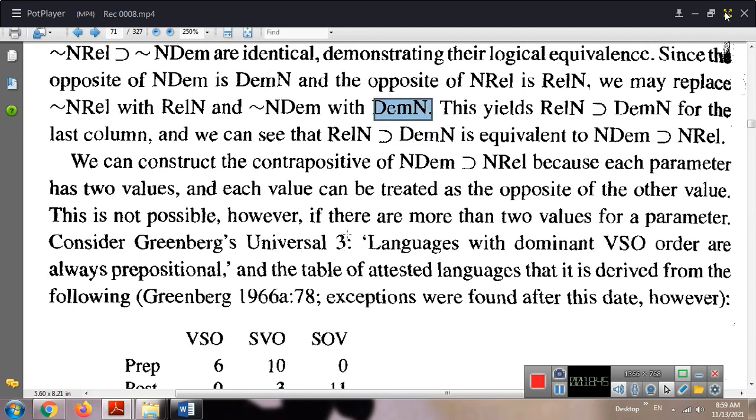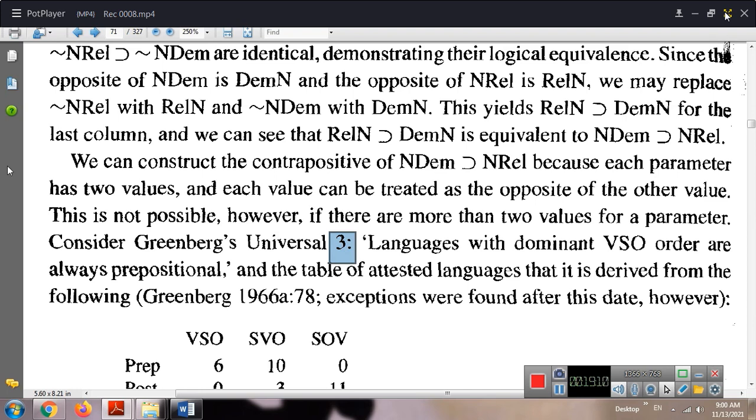Consider Greenberg's universal number 3. As I told you, Greenberg studied 30 languages and expressed about 45 implicational universals, of which 27 are about word order.